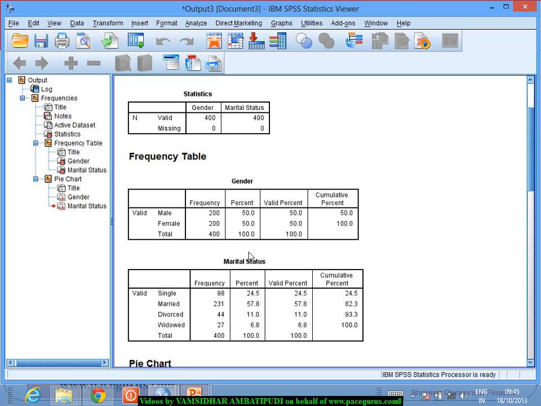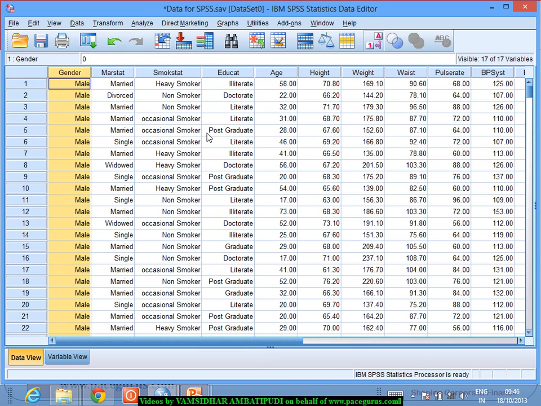And sometimes if your data is invalid or some missing data is there, it will show the percentage for valid data separately, and at the bottom it will show missing data also. Just for example, for making you understand, what I'll do is for the first two records I'll simply remove the gender and rerun the entire process.